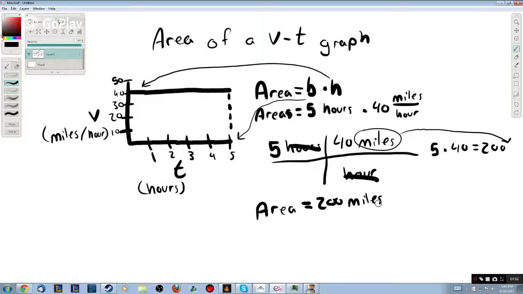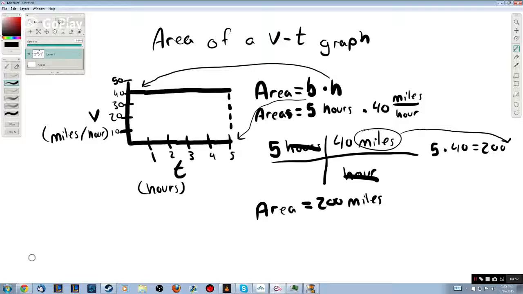And if you think about it for a minute, what does the 200 miles represent? It represents the total distance covered because of our velocity and the time we took.